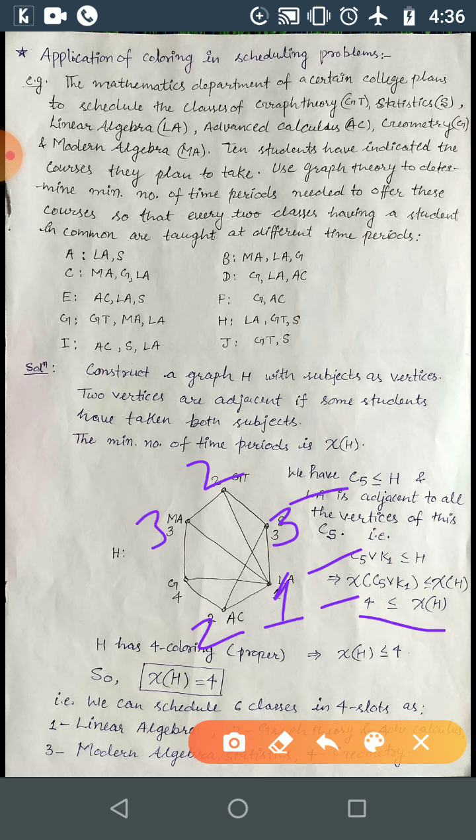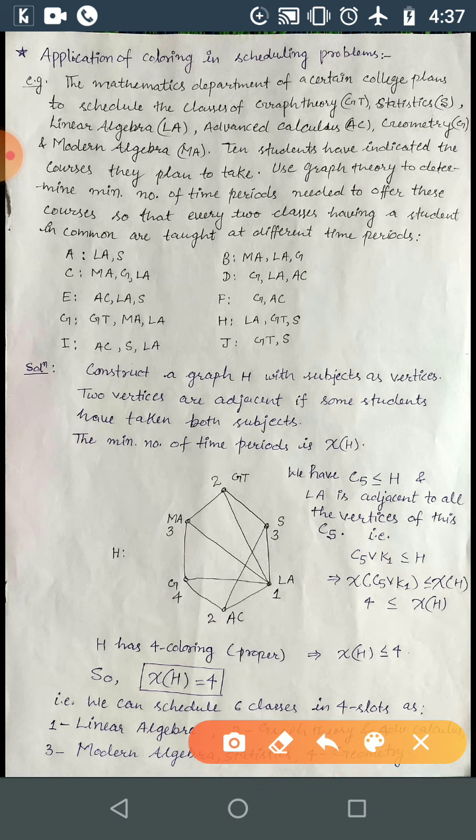Now G is adjacent with 3, 1 and 2, so nothing can be used, we need to use a new color. So we are able to establish a proper 4-coloring for this graph. Whenever there is a k-coloring, the chromatic number is less than or equal to k. So the chromatic number of this graph is equal to 4.